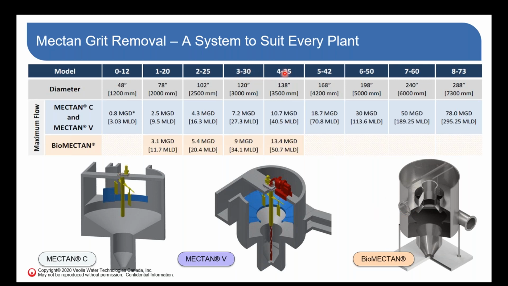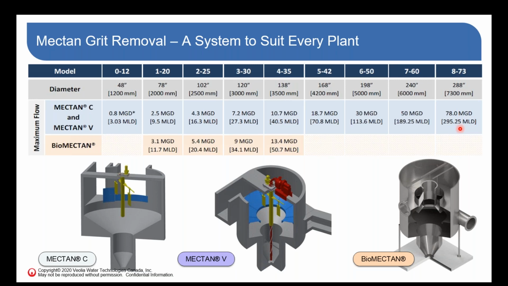Looking at the table across the top, these are the product names, the models. They each relate to a different diameter of unit. The Mectan Classic and the Mectan Vari-Angle provide the same capacity for the same diameter of chamber, varying from the smallest here all the way over to the largest over here.